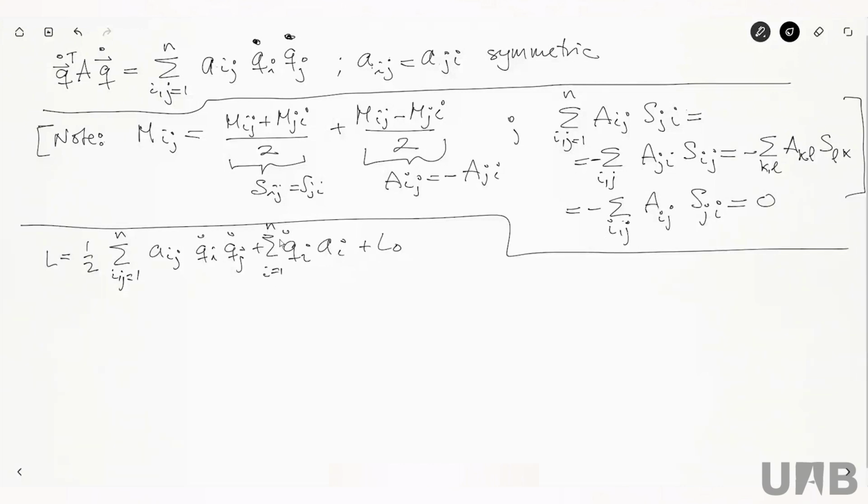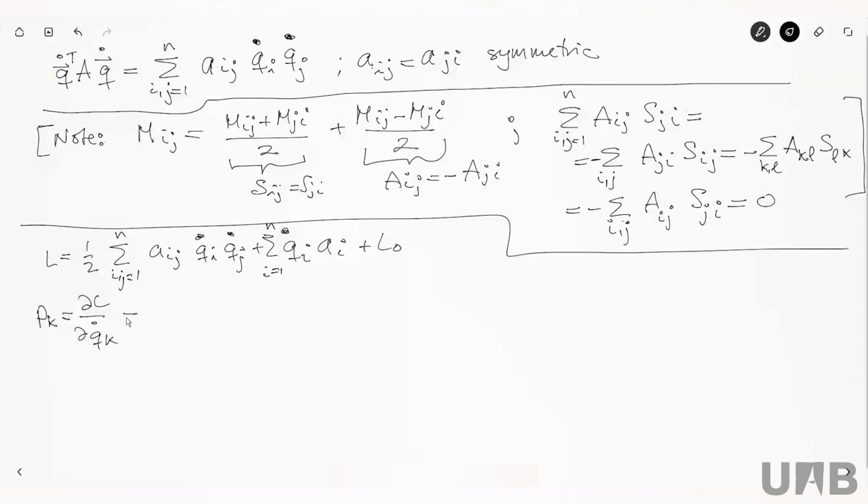So I've written again the expression for the Lagrangian, now using sums. And now I have to define my canonical momentum, right?